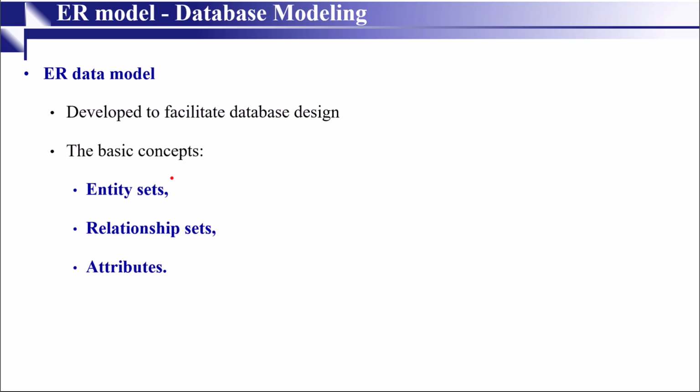So the ER model's core components are entity set, relationship set, and attributes. The entity set is a collection of similar entities. The relationship set is a connection between entities, and attributes are properties of entities. These form the building blocks of a database schema.